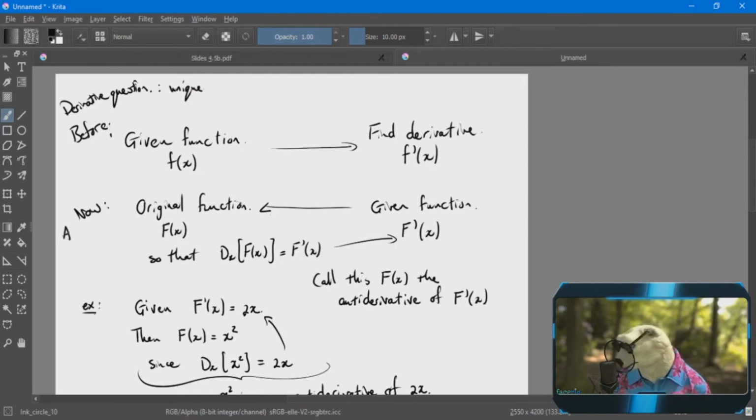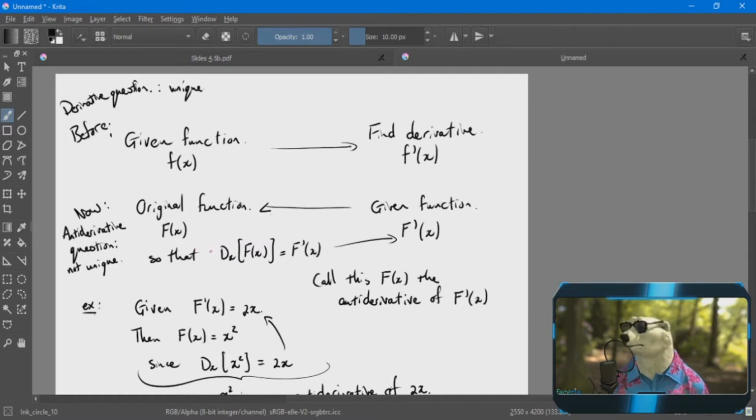The antiderivative question is not unique in that if I'm given the derivative as an answer, then it could have come from many, many different original functions.